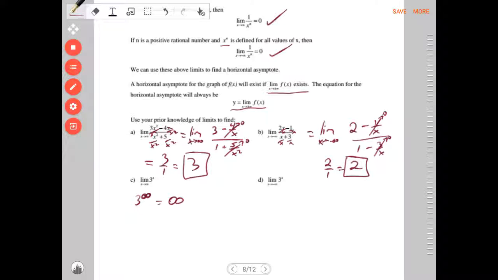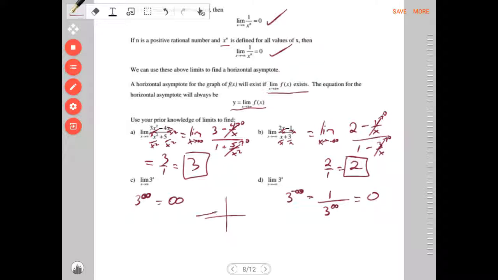Okay, so 3 to the infinity is infinity. But if you look at D, as x approaches negative infinity, we get 3 to the negative infinity. Remember, guys, that negative exponent is just 1 over 3 to the positive infinity. Well, 3 to the positive infinity is pretty big. It's infinity. So 1 divided by infinity is 0. Do you guys remember what 3 to the x looks like?